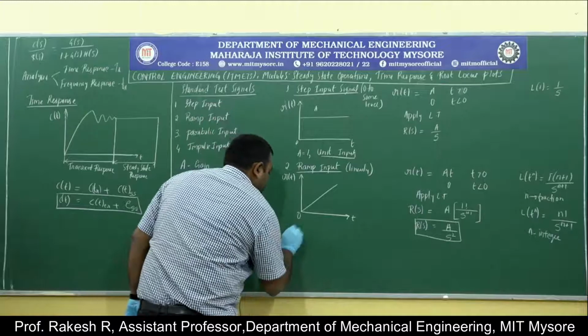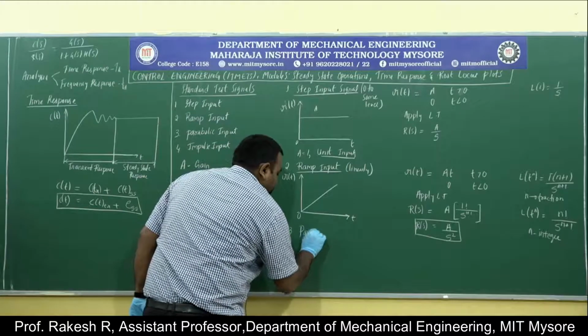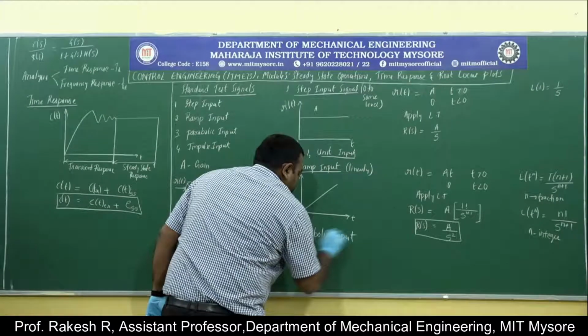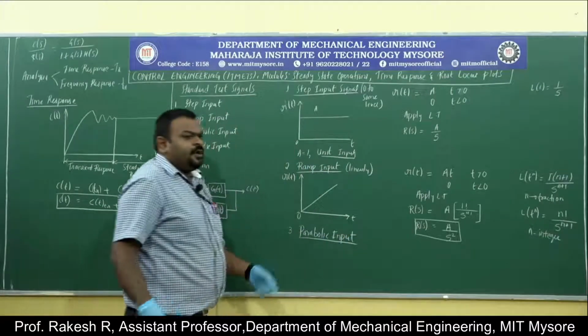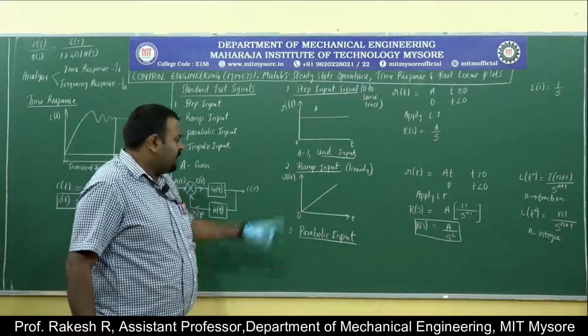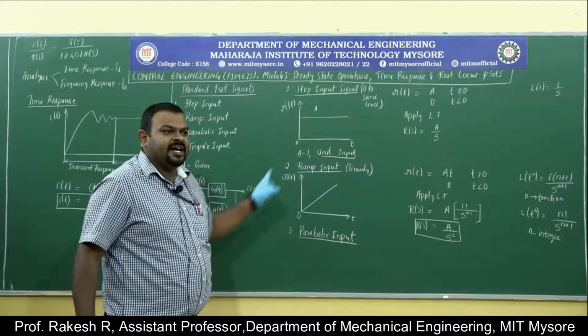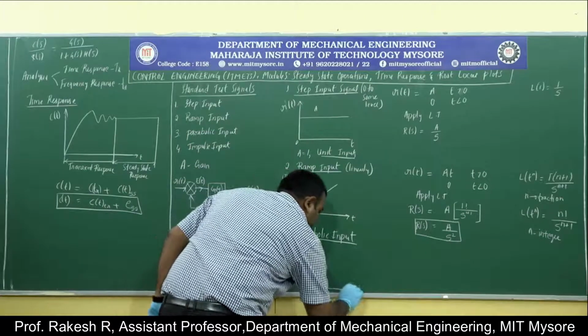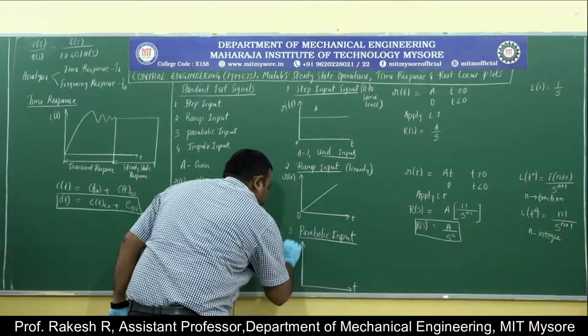Next, number 3, parabolic input. In parabolic input, the output varies with respect to time parabolically. So the curve for this is a parabola.